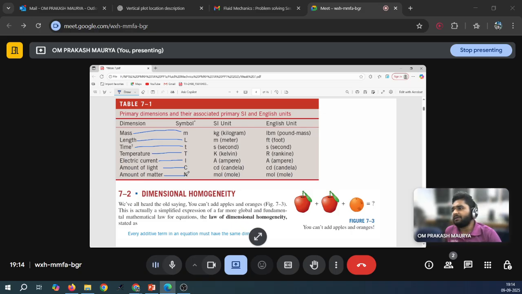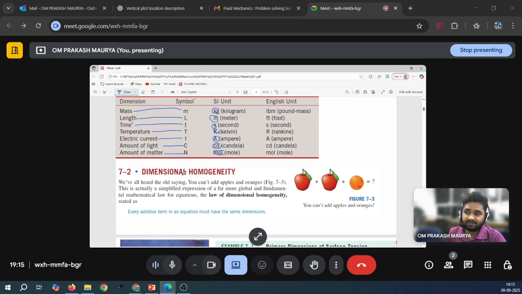These are your primary dimensions, of which you have 7. The units are kg for mass, meter for length, second for time, Kelvin for temperature, ampere for electric current, candela for amount of light, and mole for amount of matter. So this is the basic.